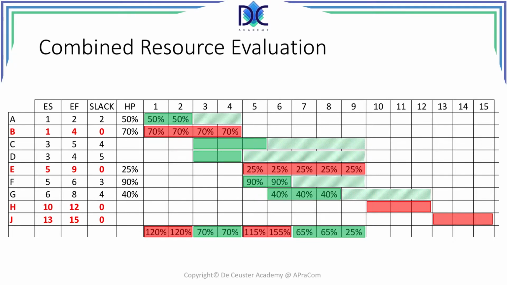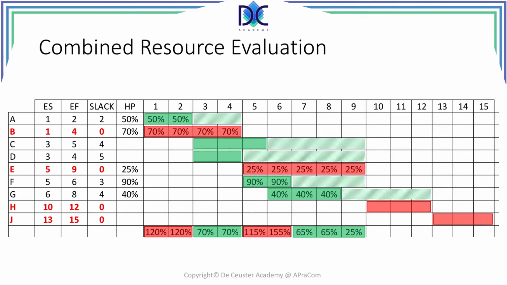Moving task A further to the right towards the late start will not help us resolve the problem, because the overcommitment would just be moved from periods 1 and 2 to periods 3 and 4.